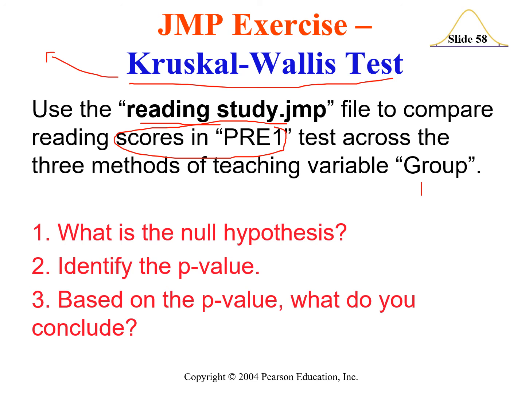This variable consists of three different types or methods of teaching. So we are going to test if there is a significant difference between the methods of teaching in terms of scores in the exam. Again, the null and alternative hypotheses, the p-value, and the conclusion on the results.